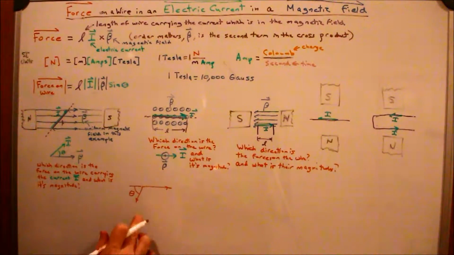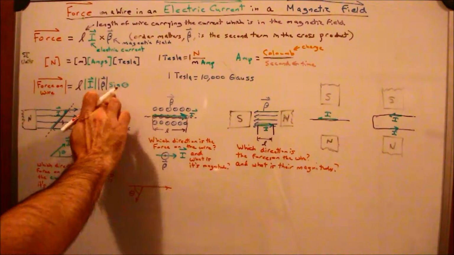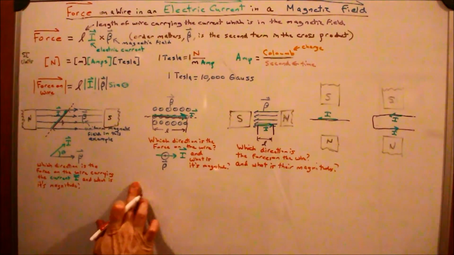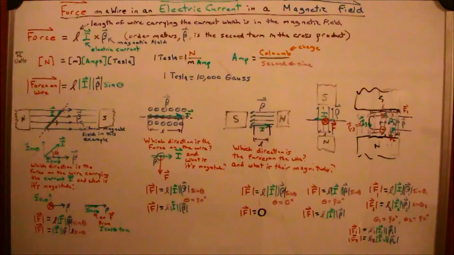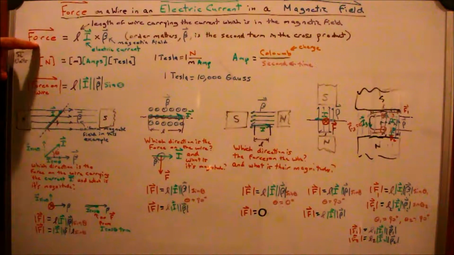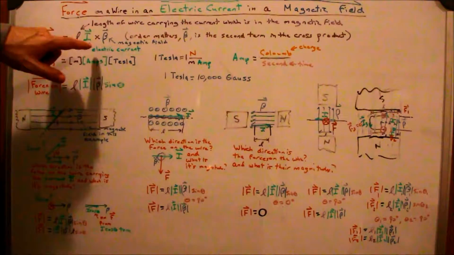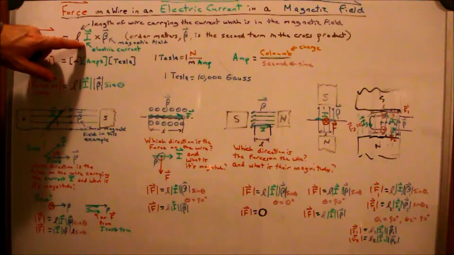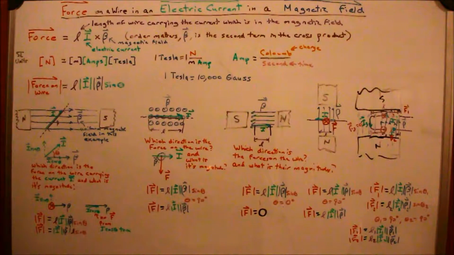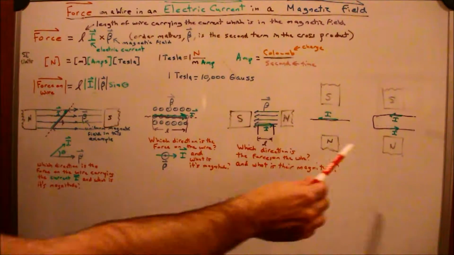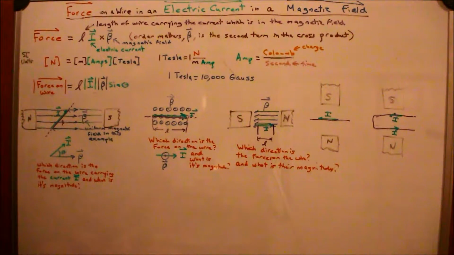It's my smallest angle between those two vectors as far as determining magnitude, because the sine will always be a positive number. Where the directionality of the force is determined by the cross product using the right-hand rule of the current across the magnetic field. Now I have 5 example problems here, which we'll work on to understand what this means.